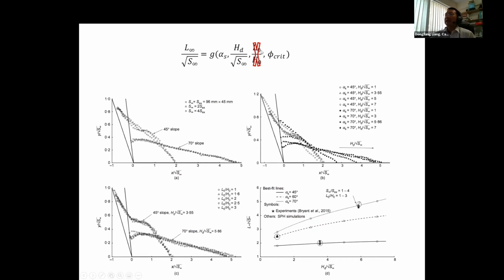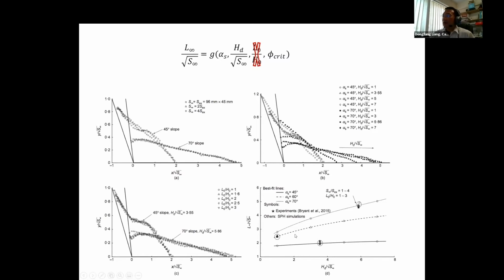The initial shape of the landslide mass does not matter much. The bottom right figure shows the relationship between the normalized runout distance and the normalized drop height.